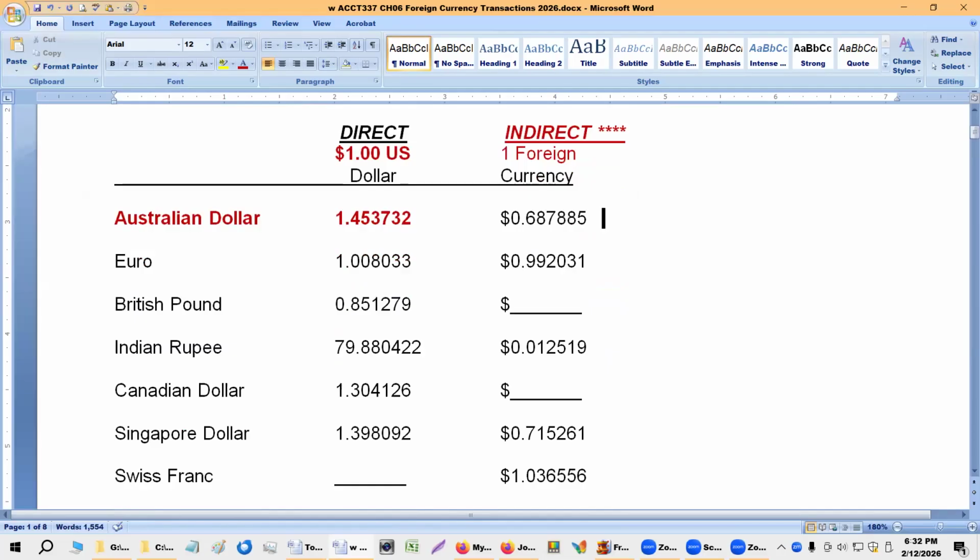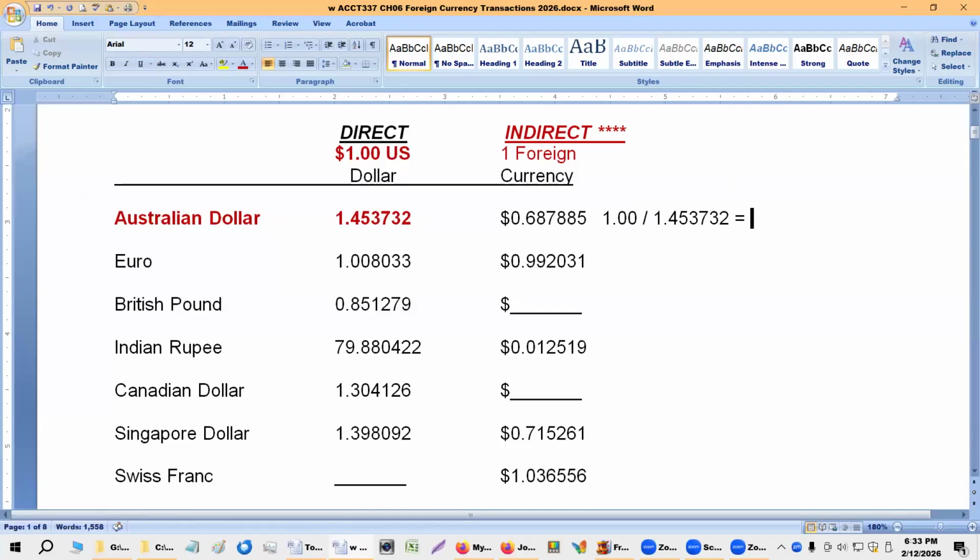So we have $1 of US money divided by 1.4453732.